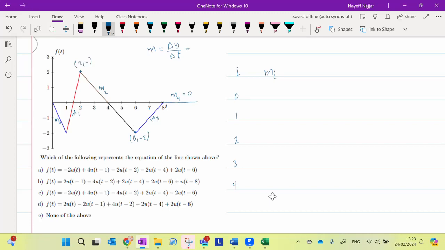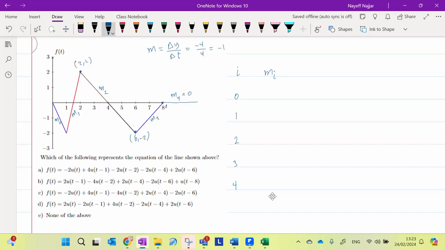To calculate the slope of this segment, it's going to be -2 minus 2, this is -4, and then 6 minus 2, this is 4.